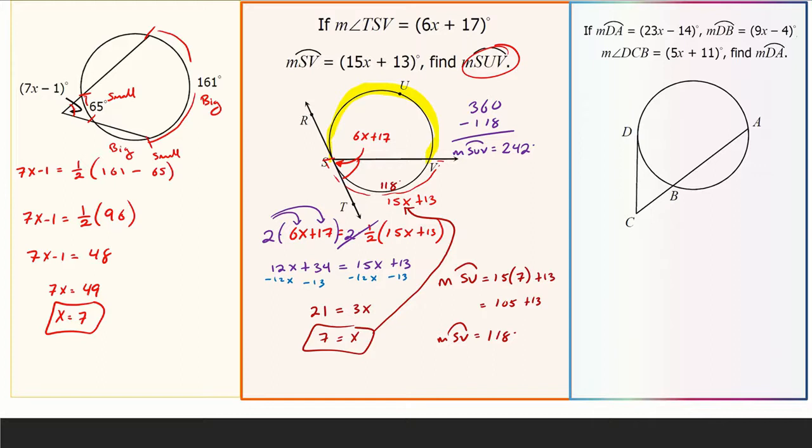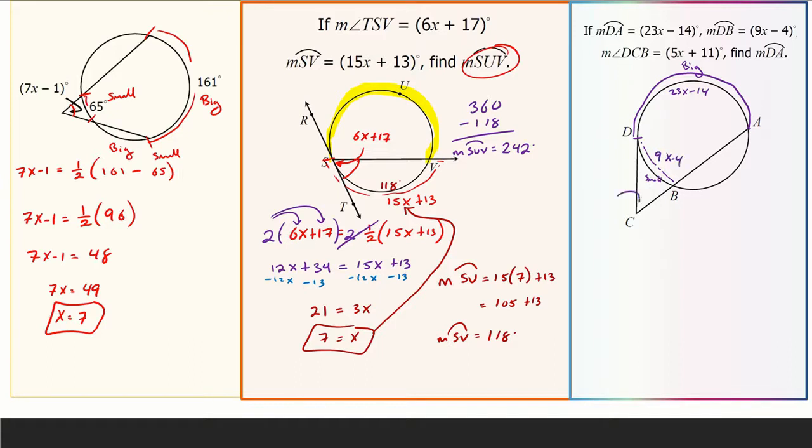All right, so looking at this last one, it says if DA, so here and here. They're giving us this big arc, and that's going to equal 23x minus 14. And then we also have the small arc, and that's given to us as 9x minus 4.